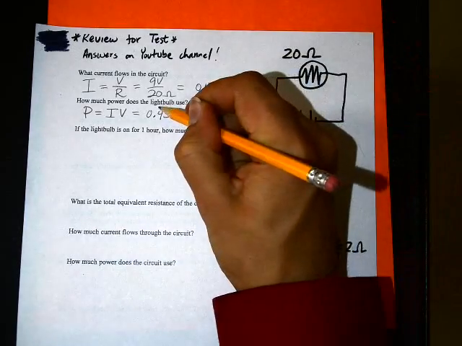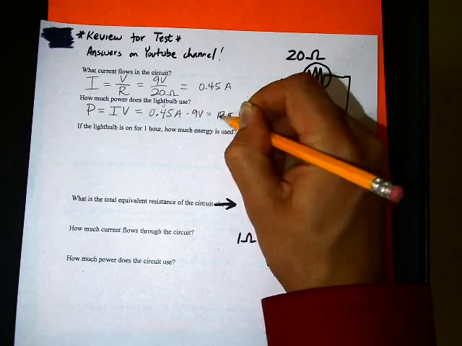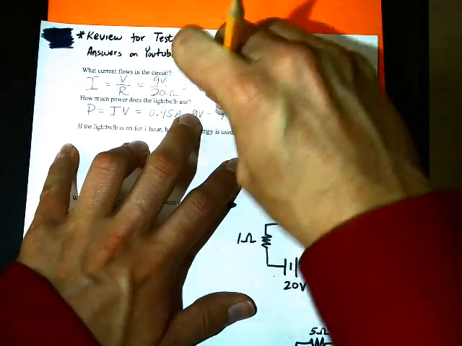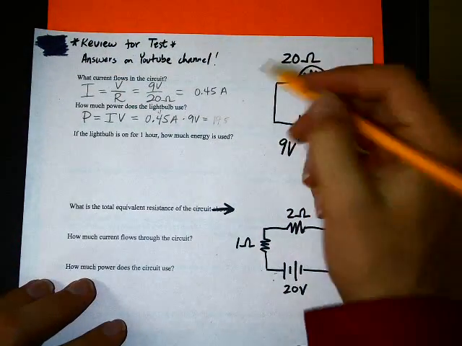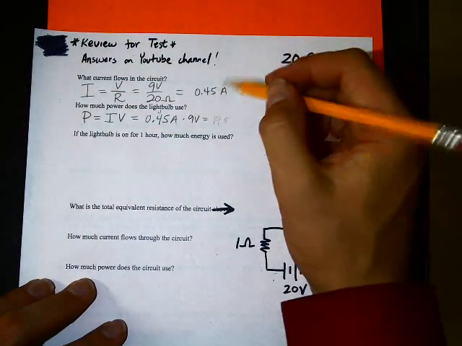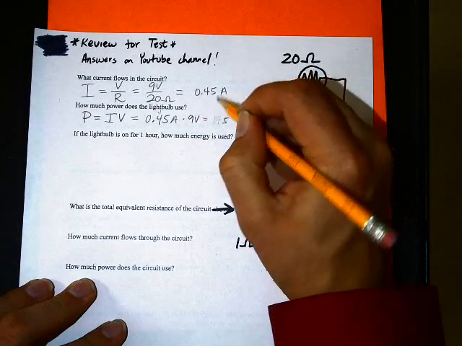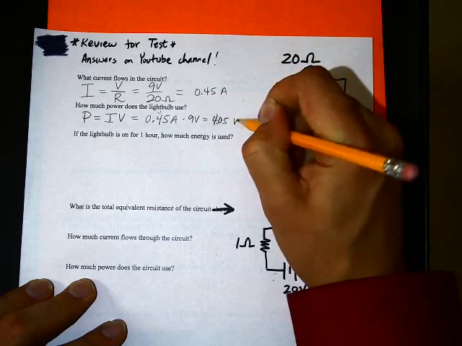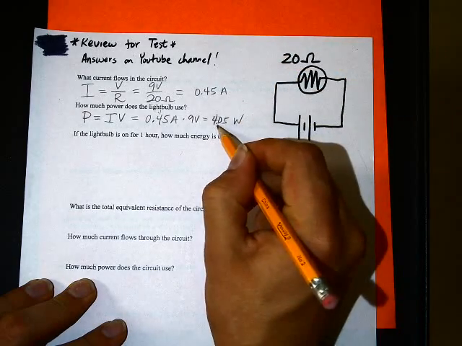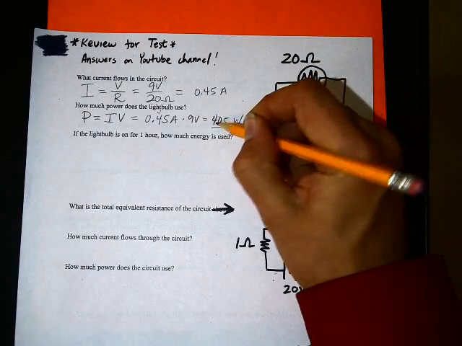Excuse me, that's horrible math. Oh man, I'm embarrassed. 9 times 4 is 36, so 4.05 watts. So about 4 watts of power. So that's 4.05.